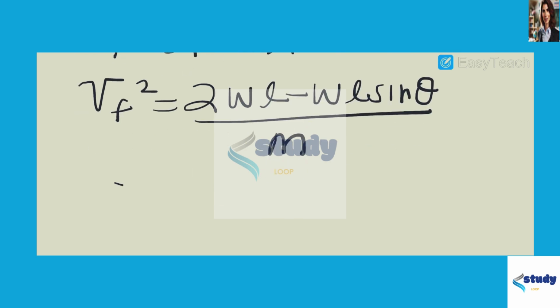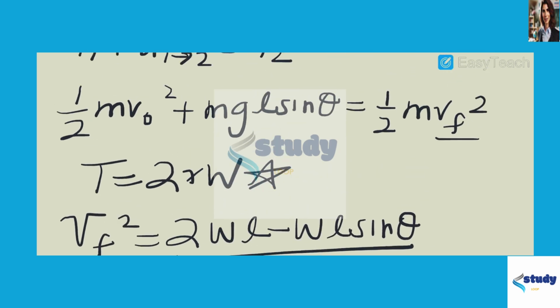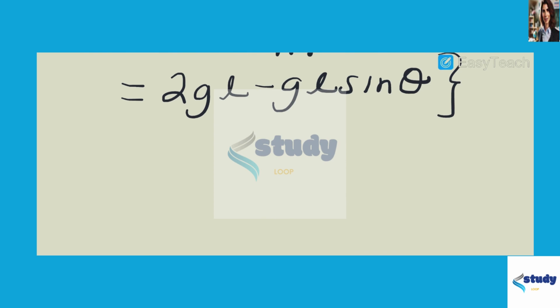Luckily, we don't need to know the mass because mass will simplify out in the weight, so we can get v final squared equals 2gL minus gL sine theta. So plugging this quantity in for our expression for v final, we get an expression that looks like this.